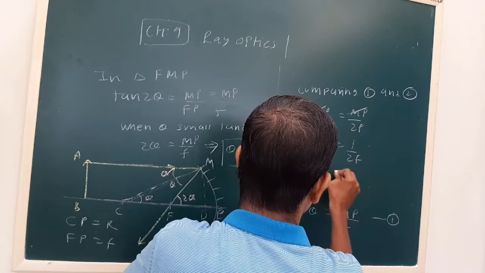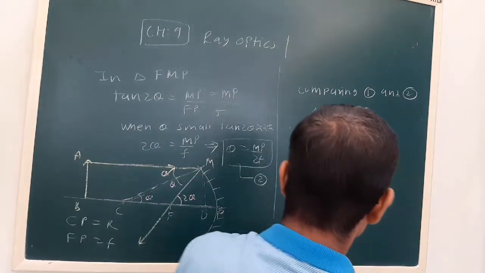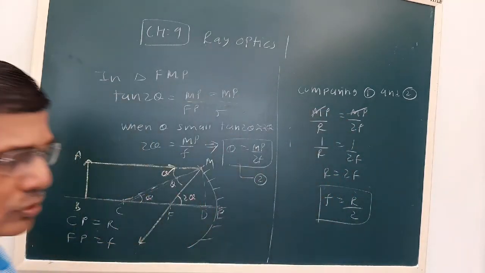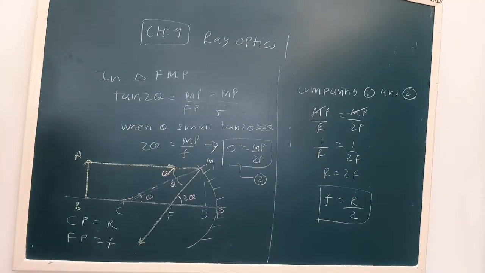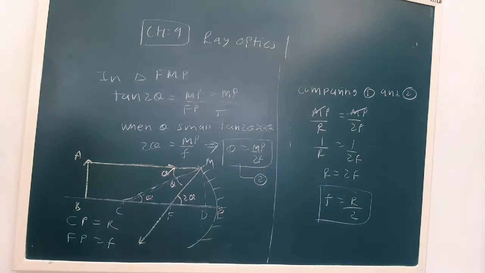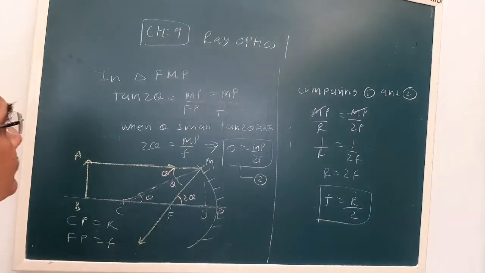If I take the reciprocal, R is equal to 2F, or F is equal to R by 2. So the focal length of a concave mirror or a convex mirror, that is a spherical mirror, is half of the radius of curvature. So this is about the relation between focal length and radius of curvature.